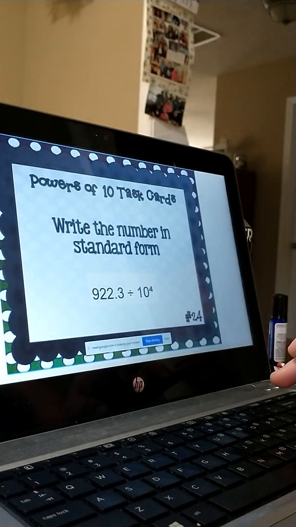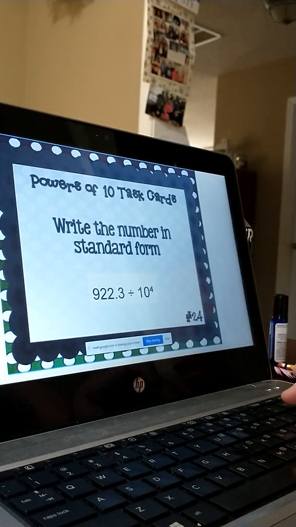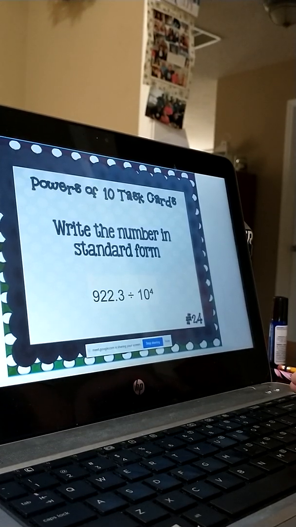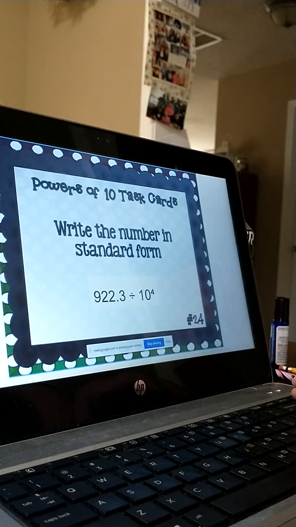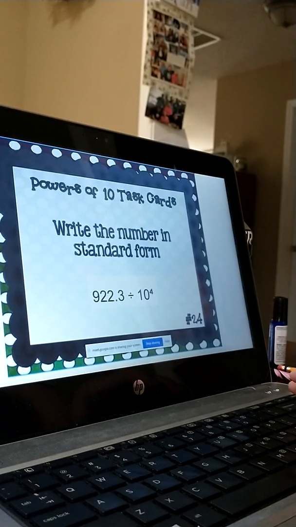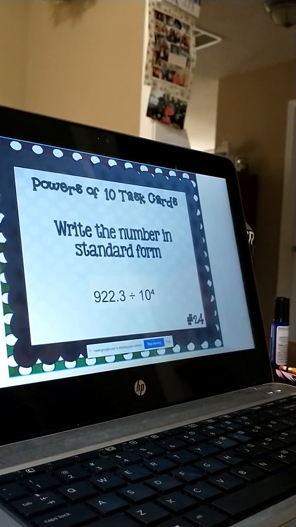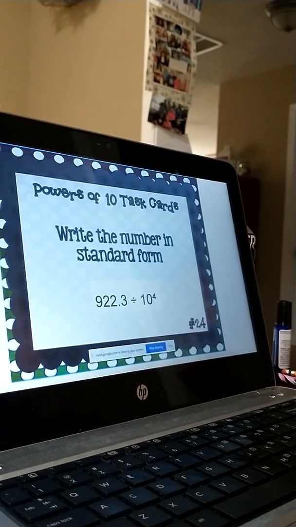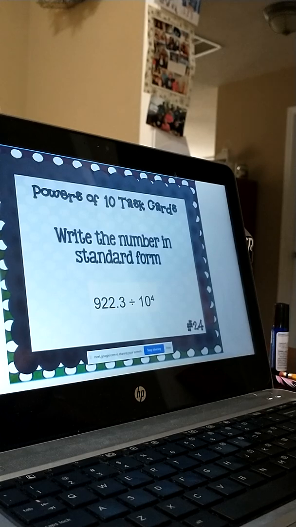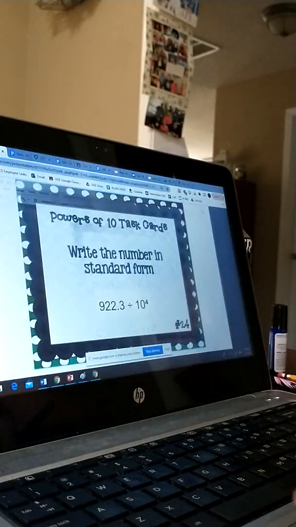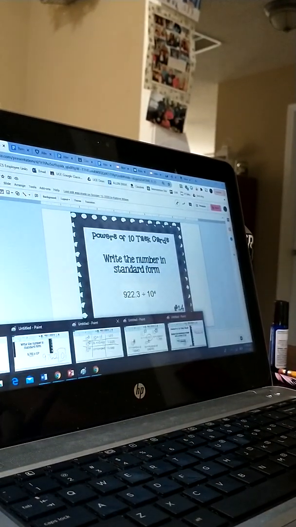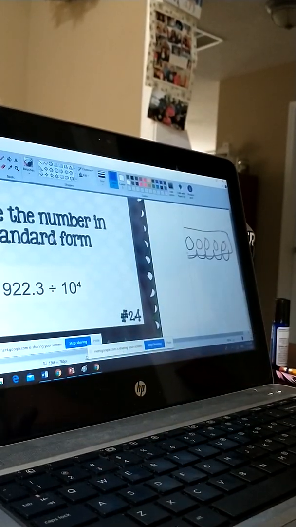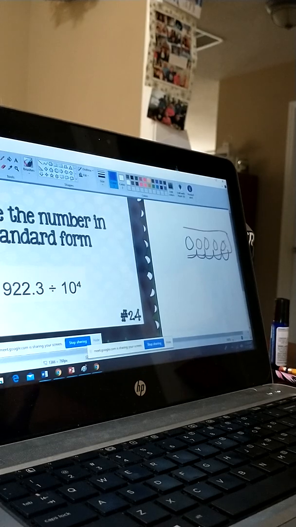Anybody else in the group want to take a try? So I have 3 different answers. I will say one of y'all is right. And if you're not right, you're really close. Anybody else want to try it?